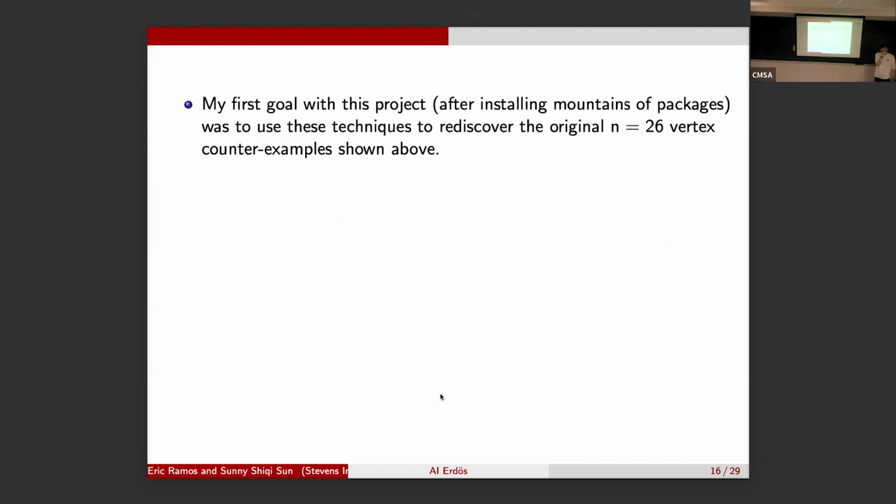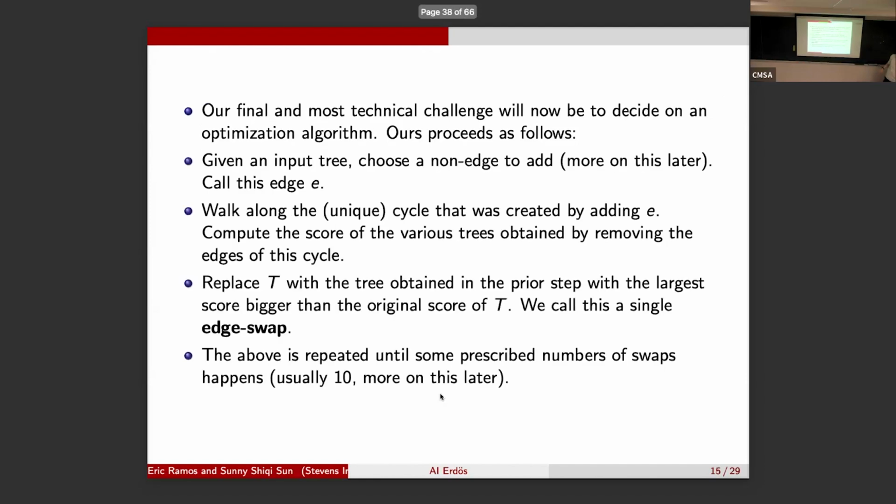Yeah, in the back. Can you go back? Yes. It's not obvious to me why it's not optimal to delete the edge E that you just added. Why is it necessarily not? Right, great question. Let's say you add this non-edge, you go around, and the biggest thing you can find is the original tree. In other words, you've deleted E. Then that is not considered a swap.